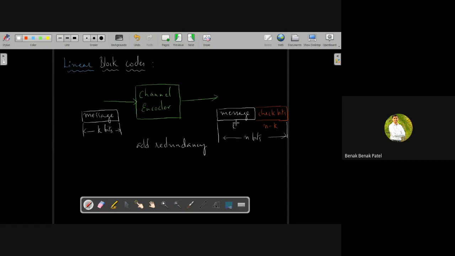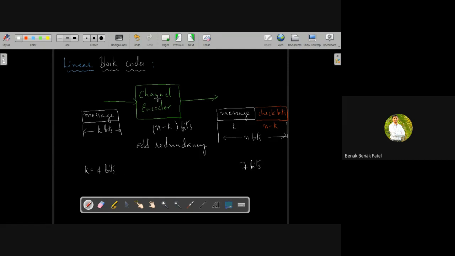This is called linear because the size is fixed, and the number of bits getting added is also fixed. This channel encoder block always adds n minus k bits. If my message is 4 bits, and ultimately I get 7 bits, then k is equal to 4 bits.